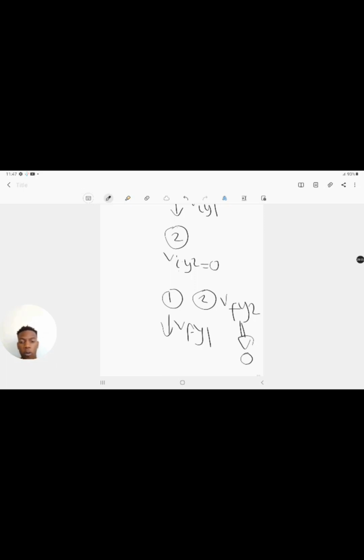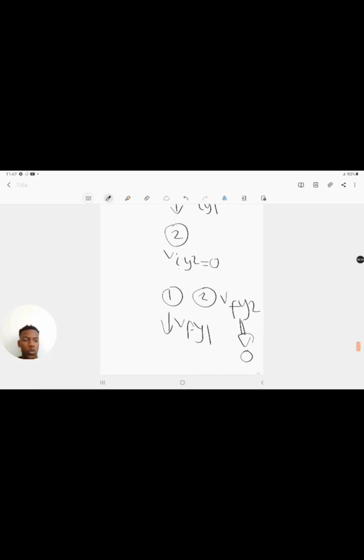And therefore, this is what we have. We've got our momentum being conserved in the y direction.